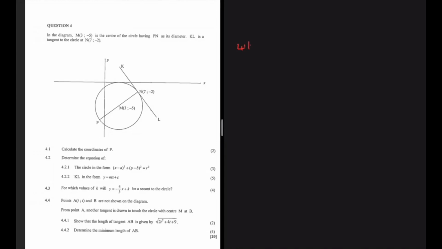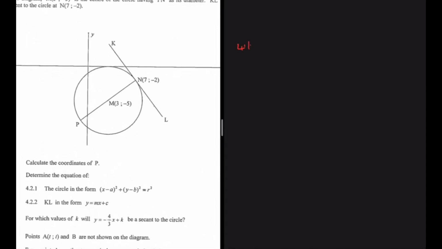Let me know what you think in the comments. Let's go ahead and calculate the coordinates of P. So we have 4.1, which is saying that let's calculate the coordinates of P. We can see fully well here that M is the midpoint of the line PN, right? So if we were looking for the x coordinate of M, we would say that XM is equal to x of N plus x of P divided by 2, right?